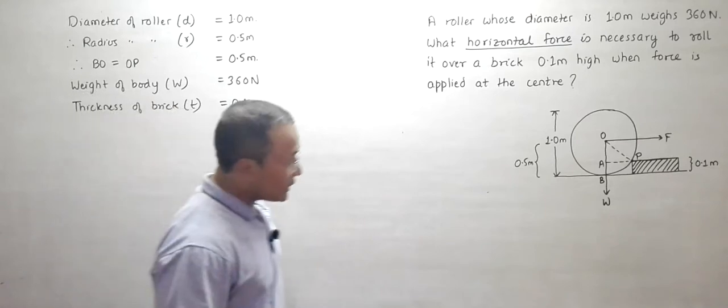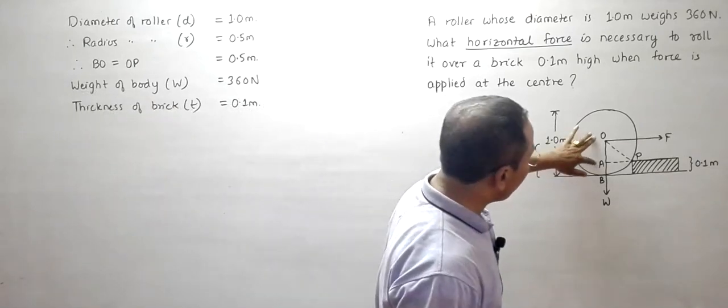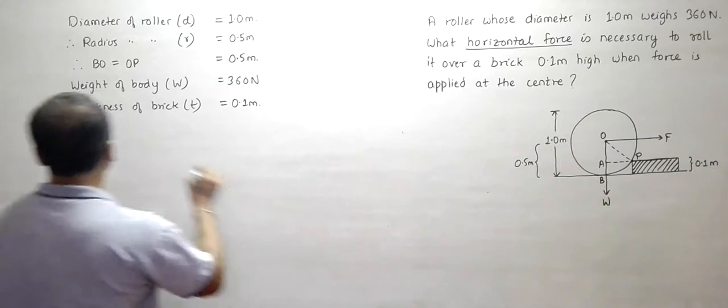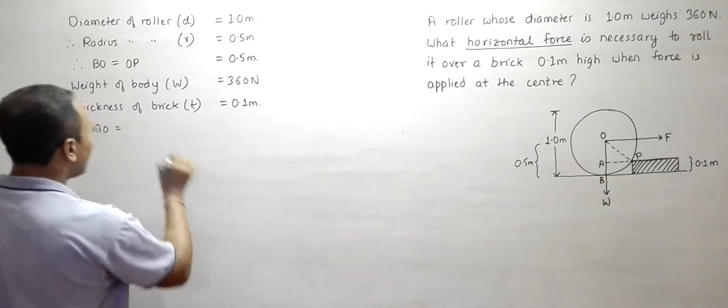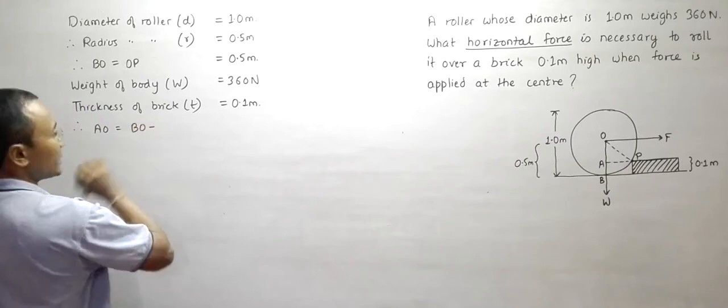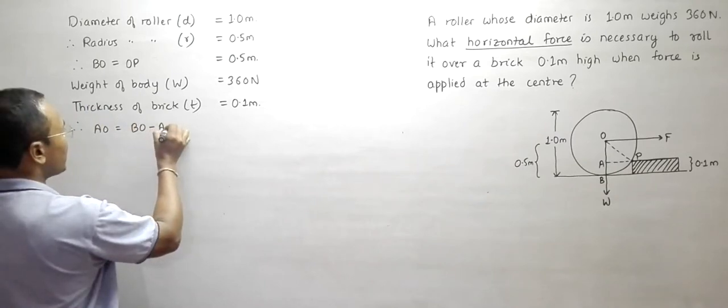If so, then we have this AO, which will be equal to BO minus AB.